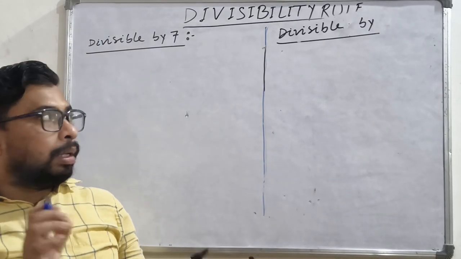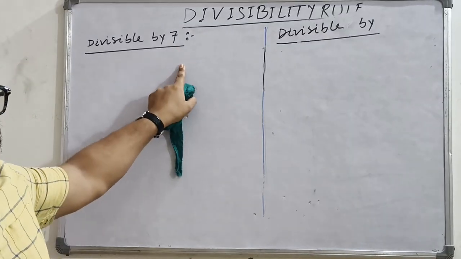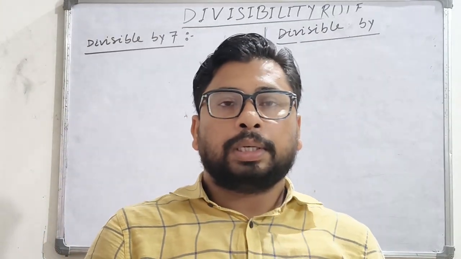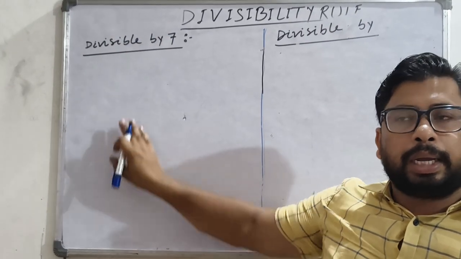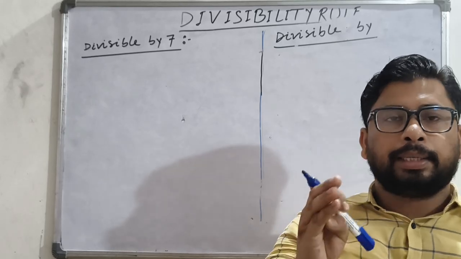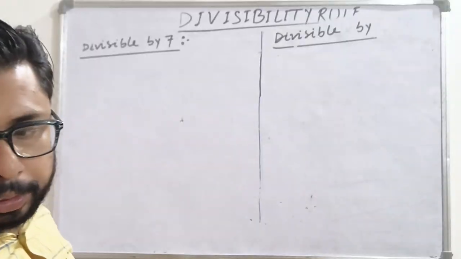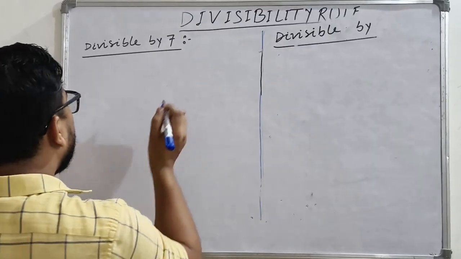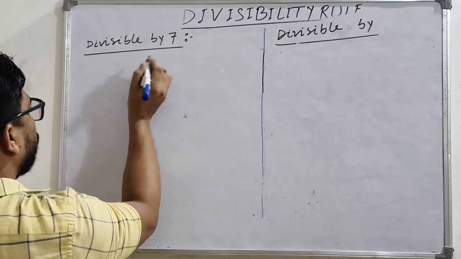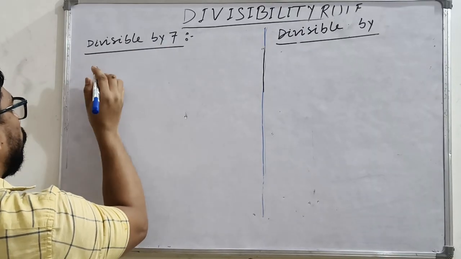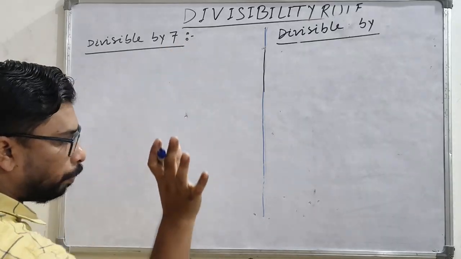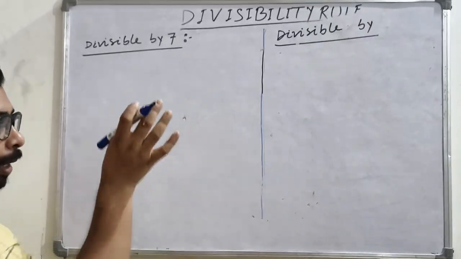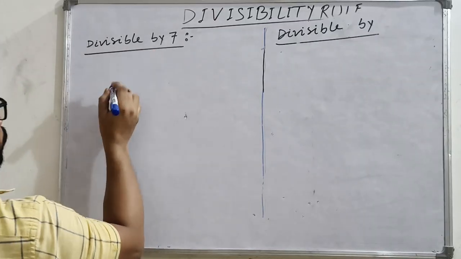The divisibility of 7 is one of the toughest of all these rules, along with what I have already discussed, and also 8, 9 and 11. So 7 is the most difficult. First of all you have to understand which numbers are divisible by 7. I am not going to write the statement. First you have to understand.